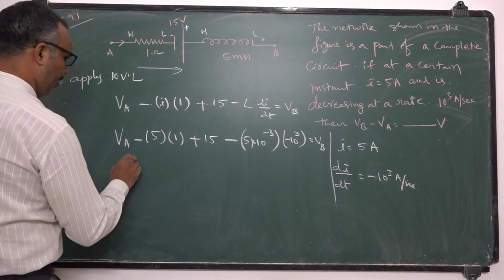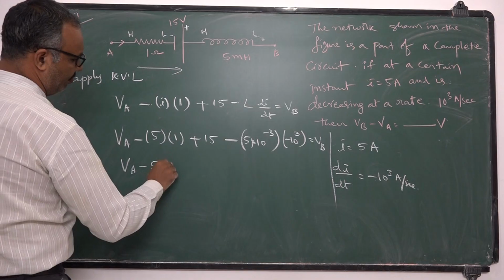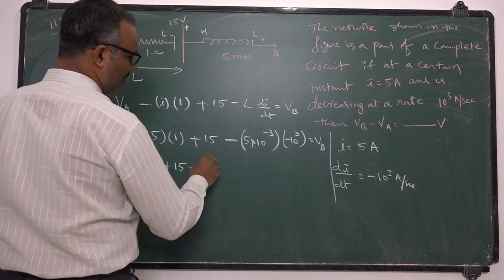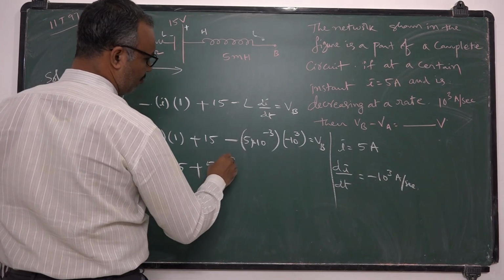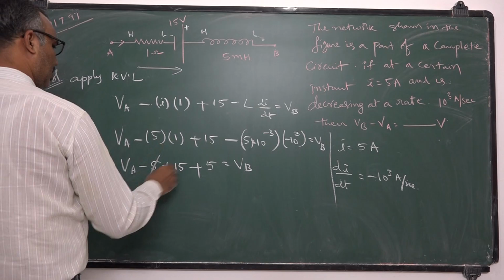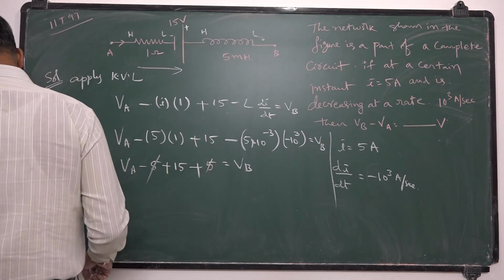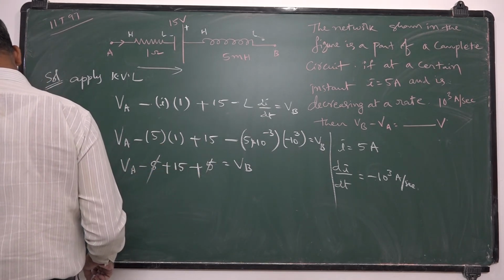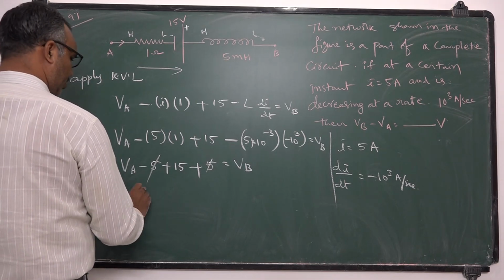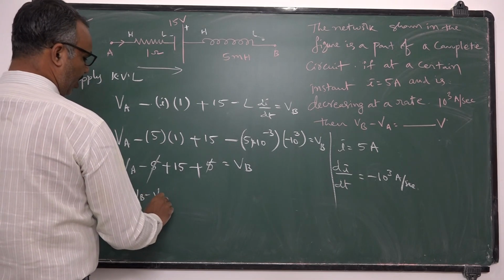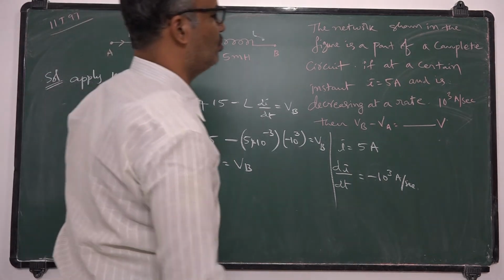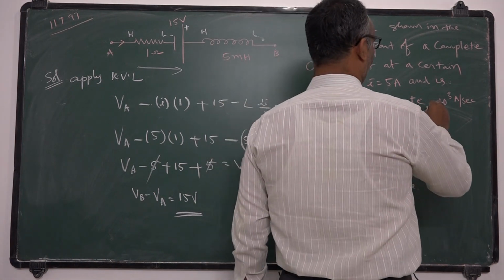Now VA minus 5 plus 15, minus into minus becomes plus 5, is equal to VB. So minus 5 plus 5 will go. You are asked to find VB minus VA. So VB minus VA is equal to 15 volts. So the answer for this question is 15.